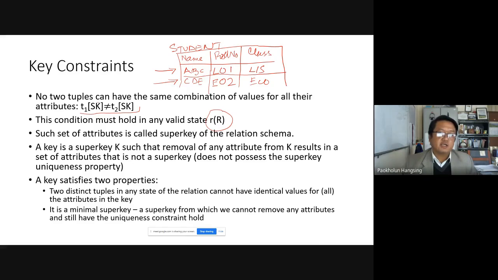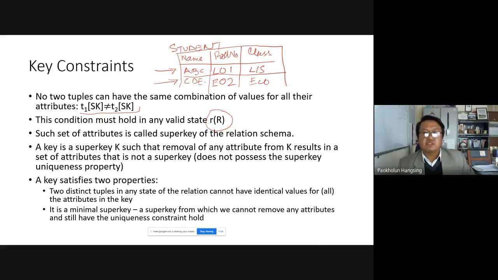Therefore, that is why two tuples should not have the same values for all the attributes. In this case, name, roll number, class are all attributes. So it cannot be the same.